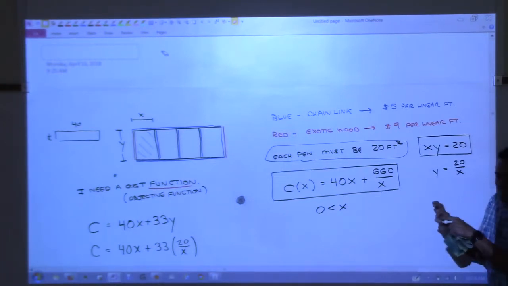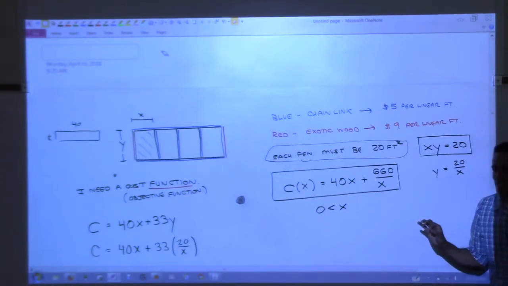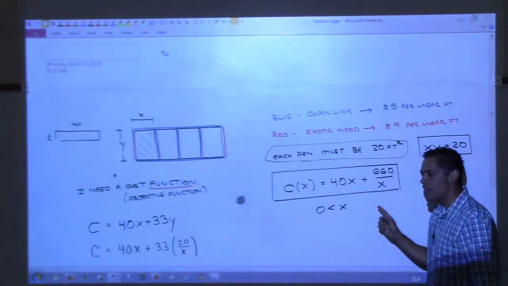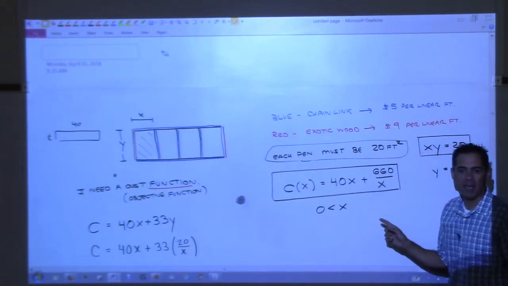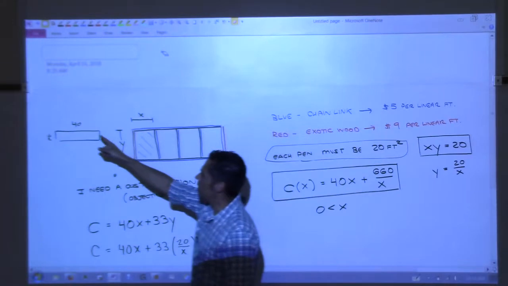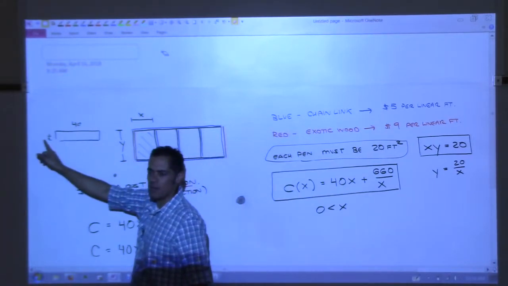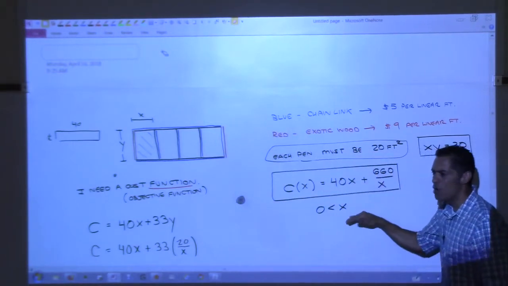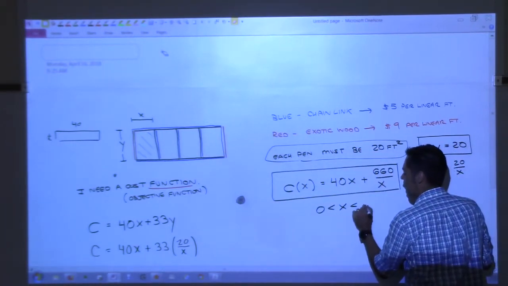They're like this big. So you don't know what I'm putting in here. Half a foot's plenty of room for these guys. Right? So really, there is no restriction on how big x can be. If x is 80, I can make this 1/4. Theoretically, you could do that. So there is no bound on this. So x is between here and here.